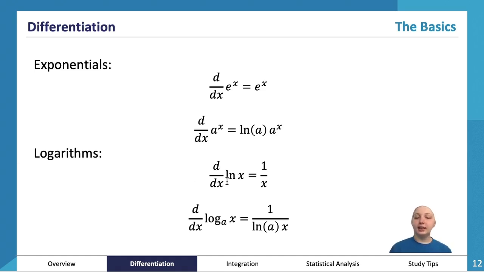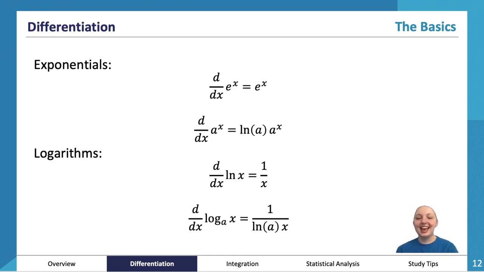But for ln x, the differential is 1 over x. This does get a little bit more complicated when you've got ln f(x), but for now, we'll just keep it as ln x equals 1 over x, and we'll look at the little bit more complicated version in a minute.